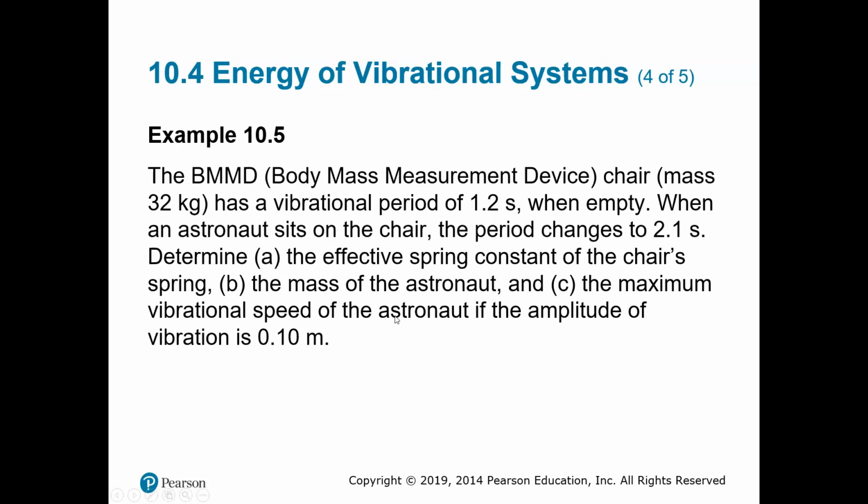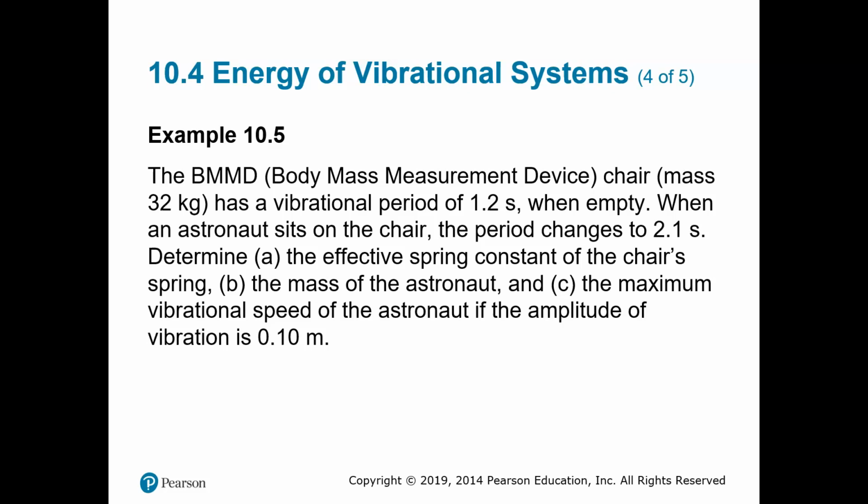So this is the example we have looked at in class. We have a body mass measurement device chair. The chair itself has a mass of 32 kilograms. It has a vibrational period of 1.2 seconds when it's empty.